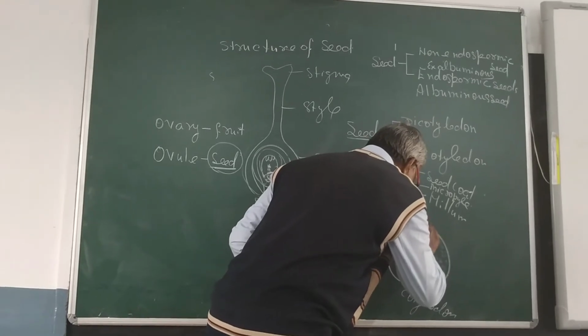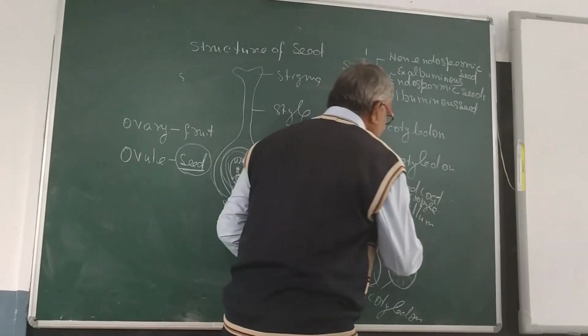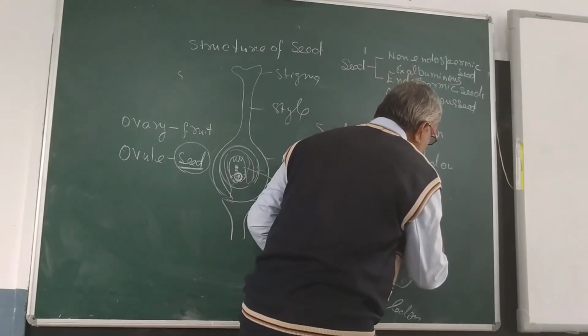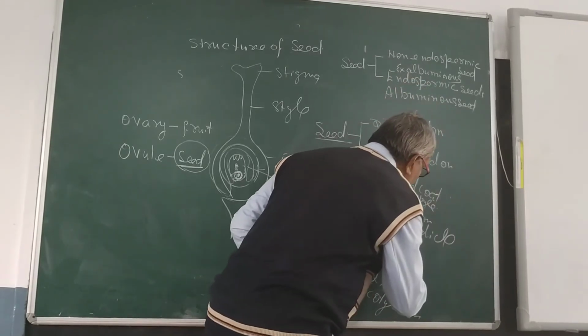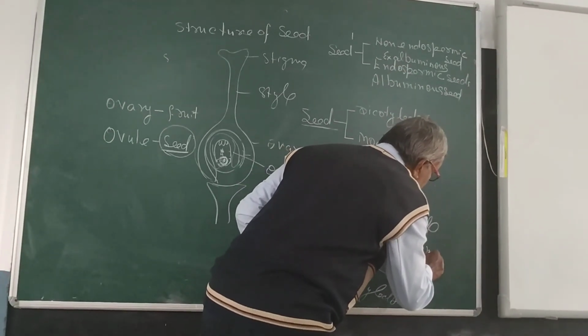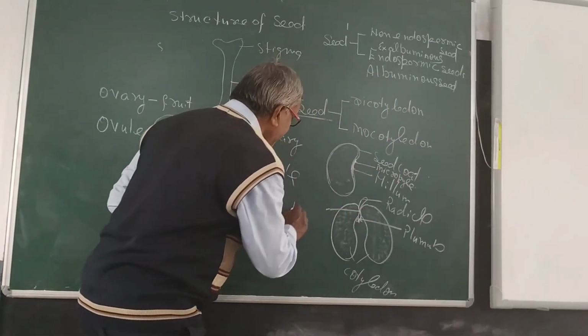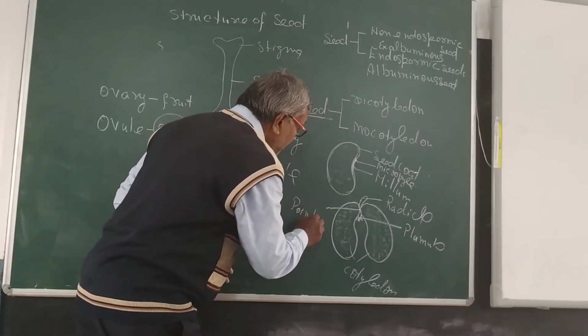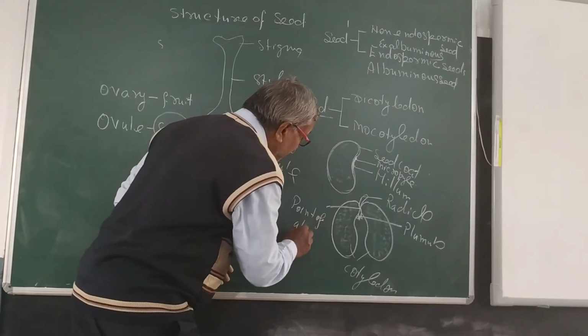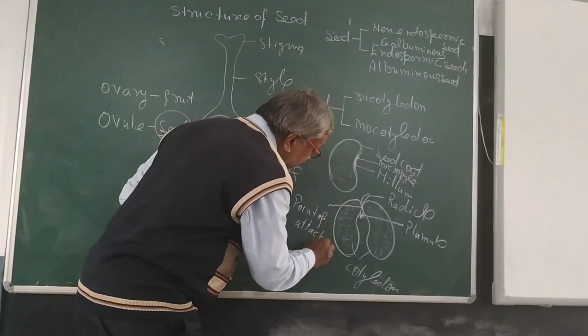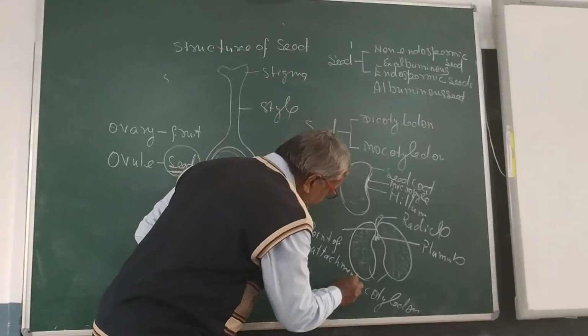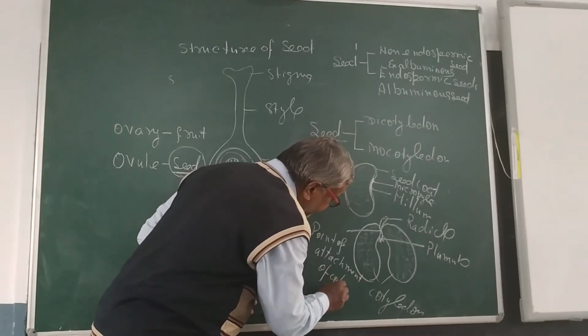This is the embryo. There is radicle, plumule. And this is the point of attachment of cotyledons.